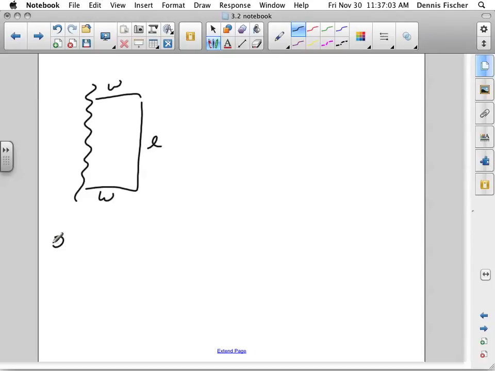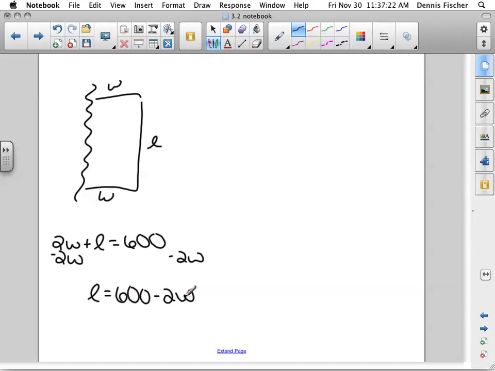If I wrote this down, I have 2W plus L, we know equals 600, correct? If I subtract 2W off both sides, I'm going to get L is equal to 600 minus 2W, correct? Okay. Now, area of this is what?